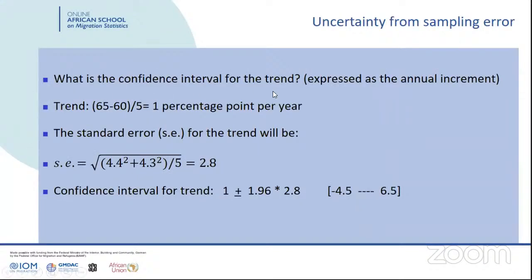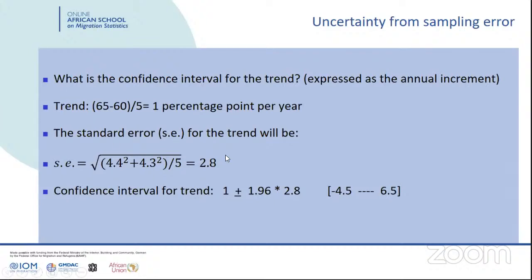So what is the confidence interval for the trend expressed as the annual increment? Well, the trend is 1 percentage point per year. 65 minus 60 over 5, that is 1 percentage point per year.